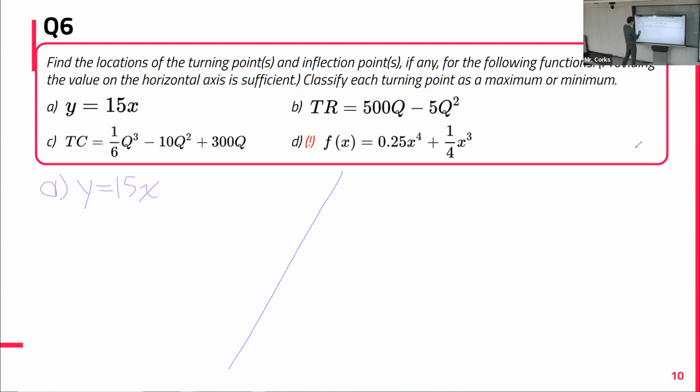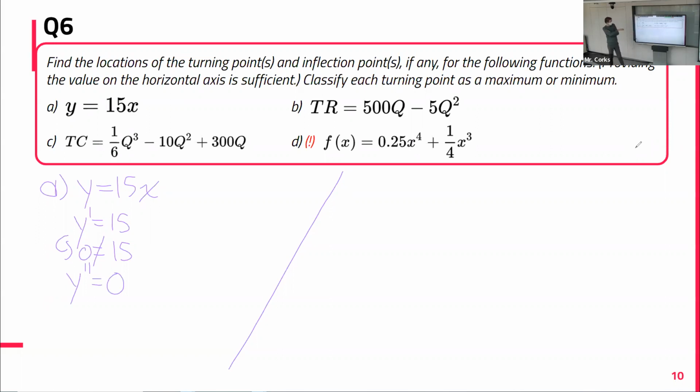If we did want to show this with derivatives, the first derivative is equal to 15, and we set this equal to 0 and try to find where 0 is equal to 15, but that can never happen. That's our math way of showing that there are no turning points at all. And the second derivative would be 0.